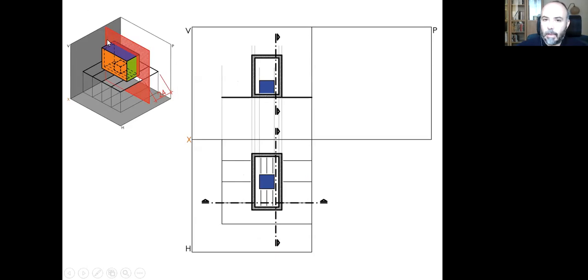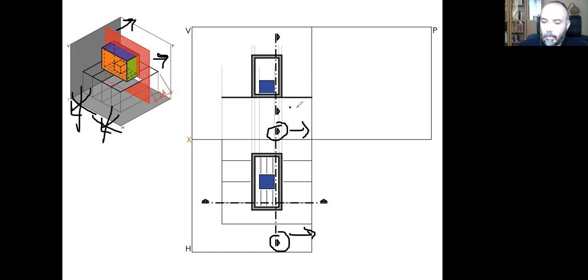But this time I need to look at this direction here, not over there. This is not the direction that I choose for my second section. So I am placing these little arrows to indicate that I am looking towards profile projection plane here.